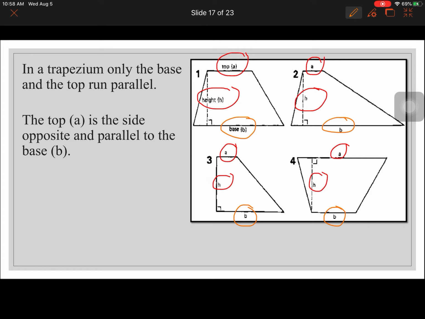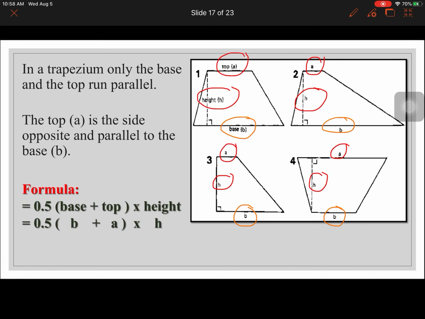Gets po? Kaya, ang formula na gagamitin to compute the trapezium is this. 0.5 times open parenthesis B plus A close parenthesis. B stands for the base, A stands for the top, times yung value ng inyong height.